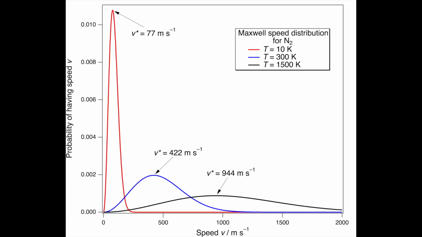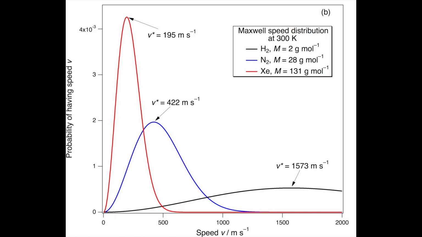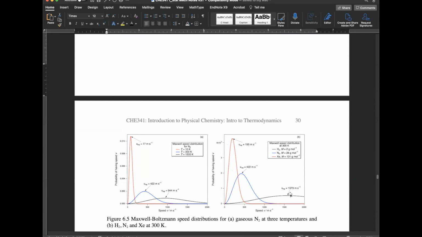The Maxwell-Boltzmann distribution describes the translational energy of a molecule, and we saw how that depends on temperature for one given molecule, right? It gets broader and the maximum moves out in velocity as you increase the temperature. Or if you stay at one temperature and change the mass from very heavy to very light, again, you get broader distributions, and the maximum moves out as you go to lighter molecules.